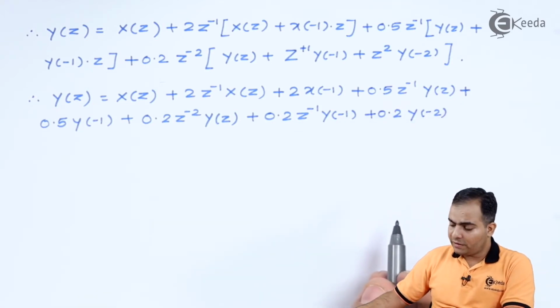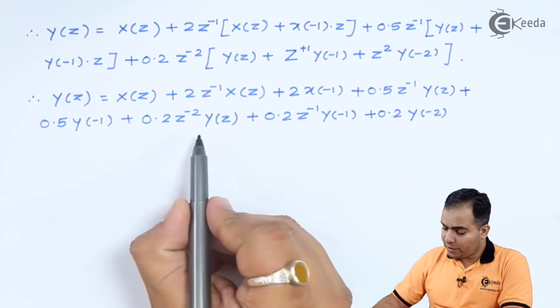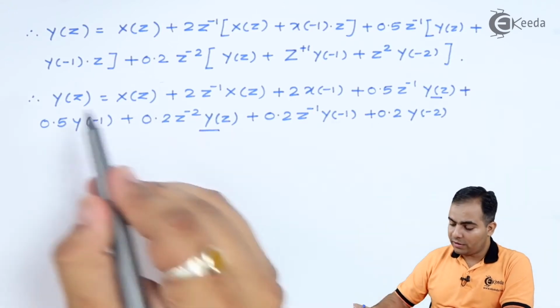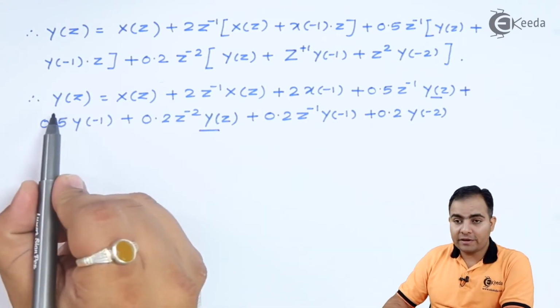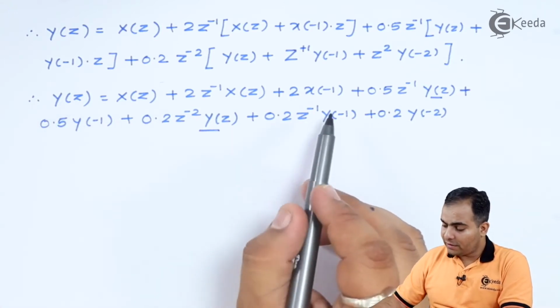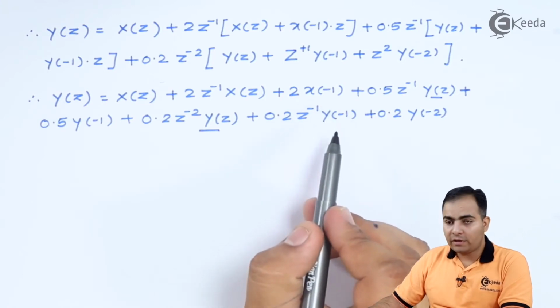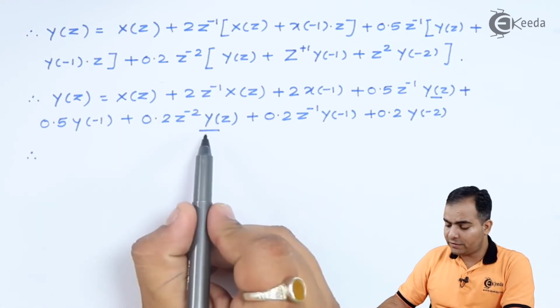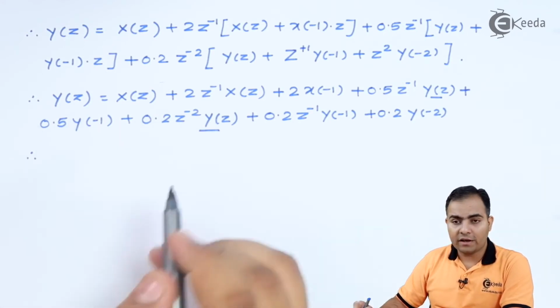Now basically what I'm going to do is shift all the y of z terms to the left hand side so that I can take y of z common, and then I'll substitute all my initial condition values in my solution. So first of all I'll shift all the y of z terms to the left hand side.